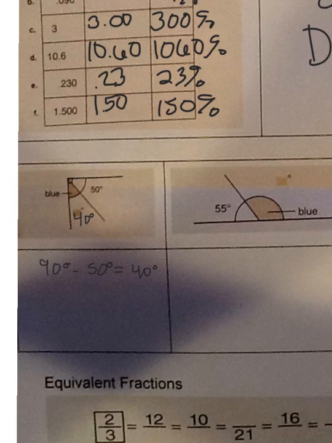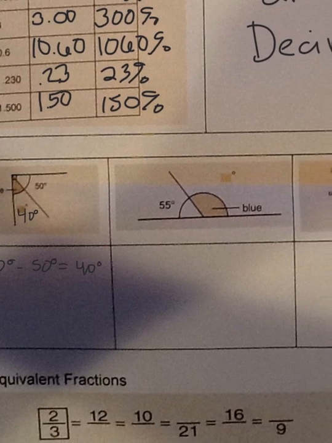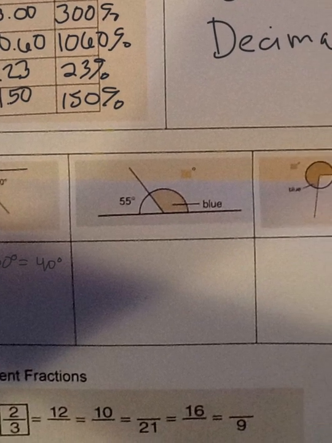Let's try another one. When we look at this angle, we can see that this whole angle is 180 degrees. So a straight line is a 180 degree angle. Next, we have this angle, which is 55 degrees.